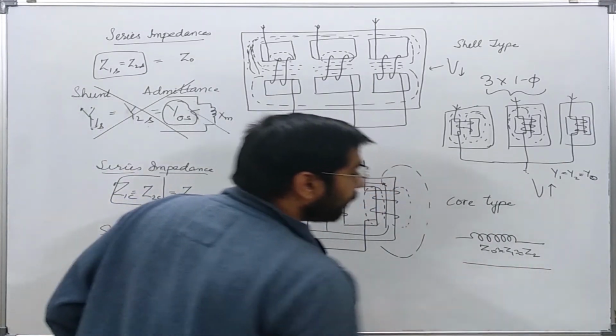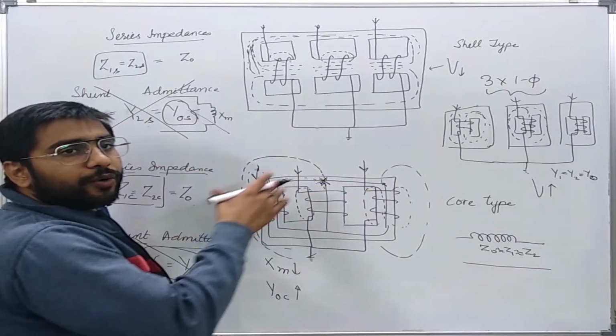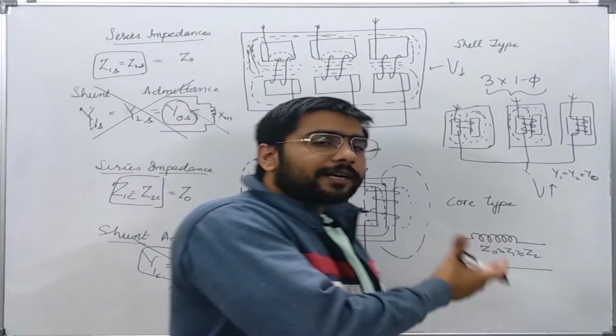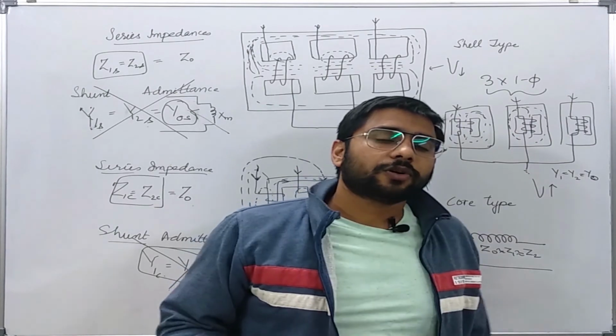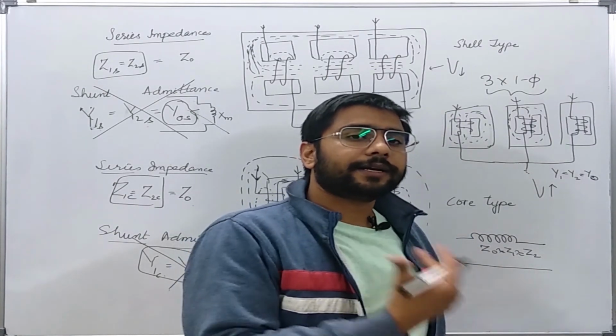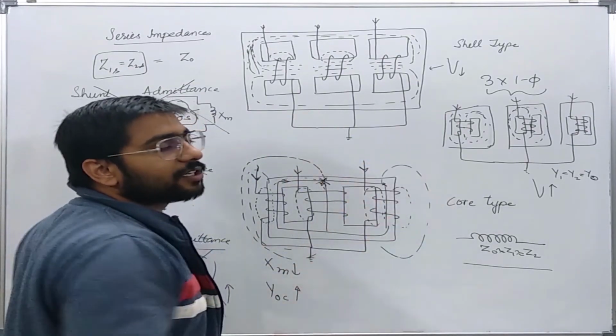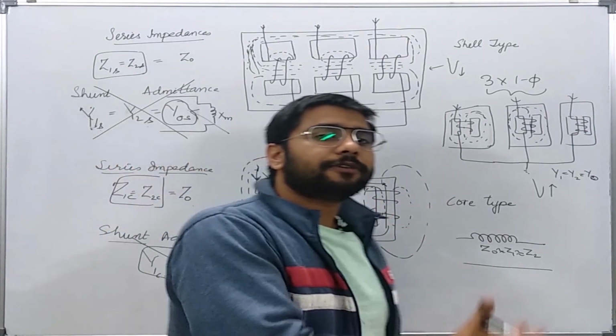Now, based on the connection of the neutral or the various connections of the windings, the equivalent network for that kind of transformer, that we will see in a later lecture. Here I have just shown the impedance, not the connection of these impedances in a network.